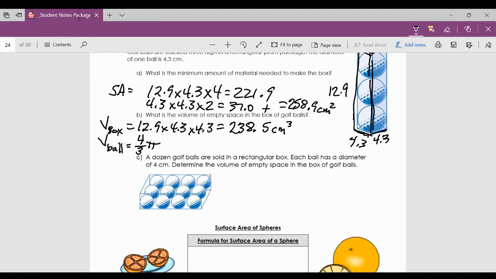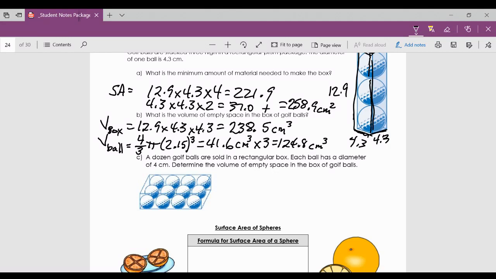Now the radius of one golf ball is half of its diameter, and half of 4.3 is 2.15. 2.15 cubed. And 2.15 cubed times pi times 4 divided by 3 is 41.6 centimeters cubed. Now there's 3 golf balls. So I'm going to multiply that by 3, and I'm going to get 124.8 centimeters cubed.